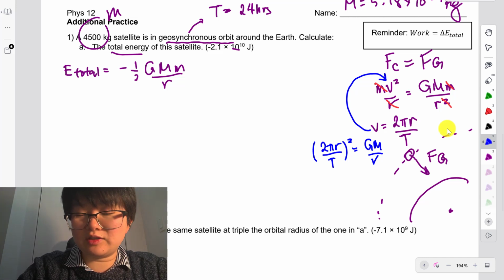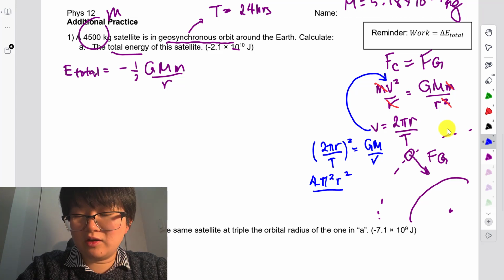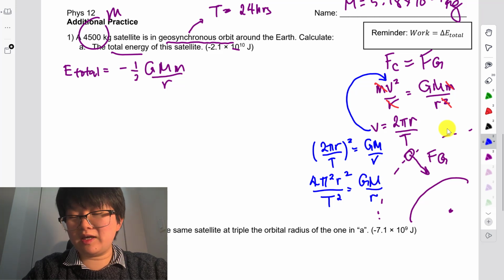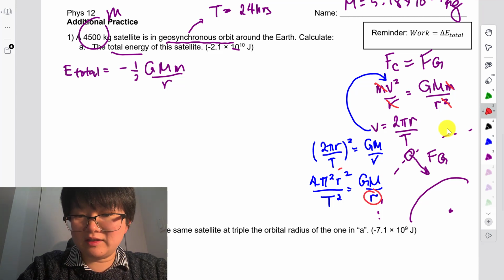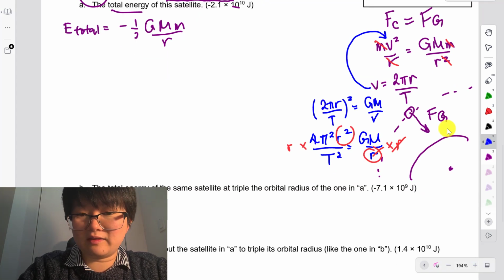So if we just work this out, we have 4 pi squared R squared over T squared over R. I'm assuming we are all very versed in our algebra. Hey, look, there's a few things that can combine, namely this R over here. If I multiply R on both sides of the equation, I'm just going to get something that looks like this.